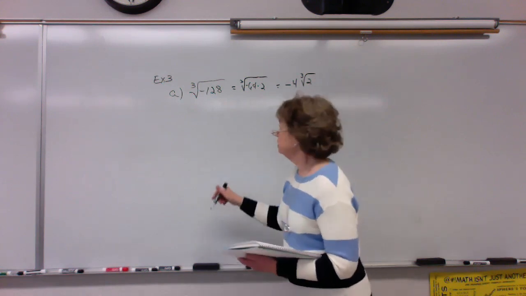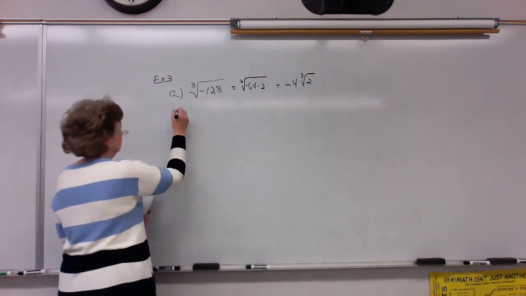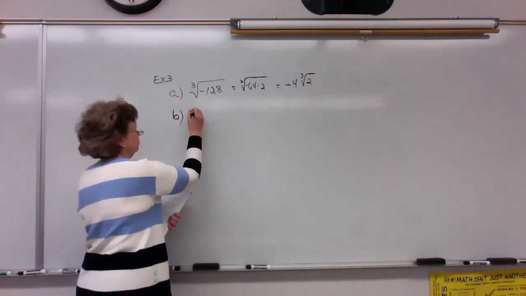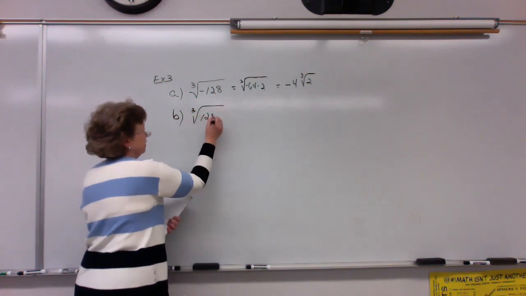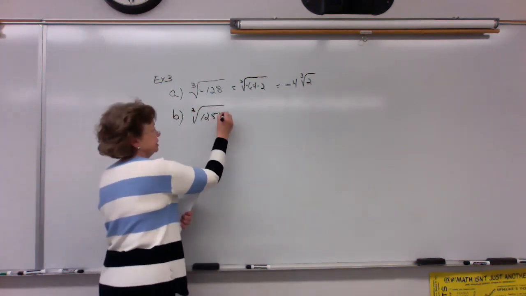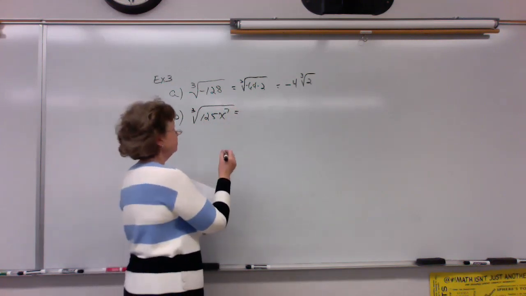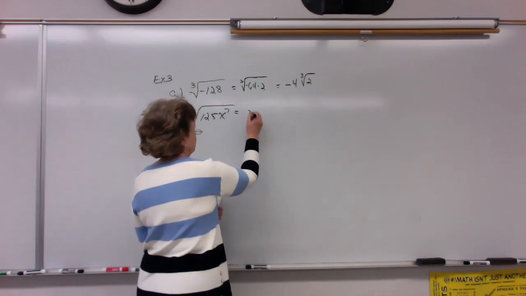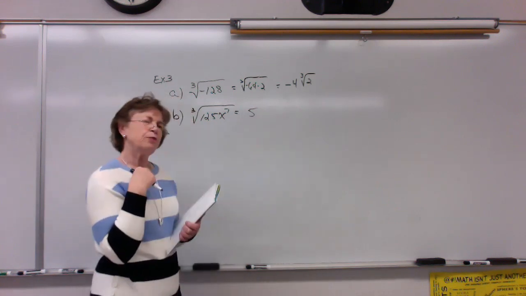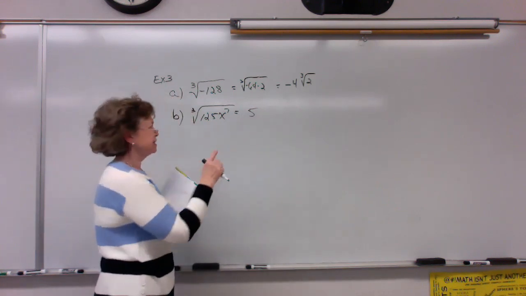If I look at example B, the cube root of 125x to the 7th, the cube root of 125 is 5. And I have two ways to do this.